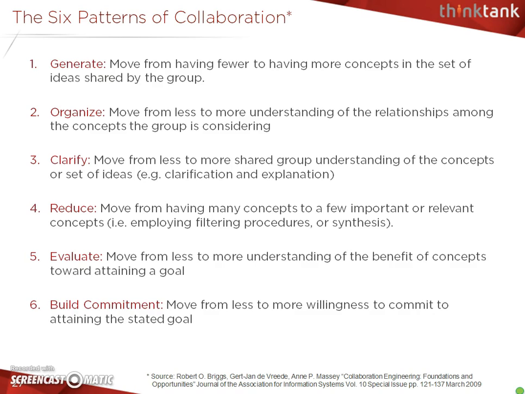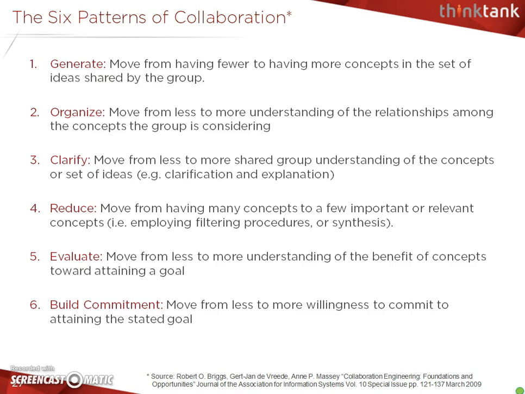The second pattern of collaboration is organize. It's how you organize information or insights so people can understand them. This is grouping of stuff. If you have 100 ideas, you might want to group them in 3 so you can easily work with them later. The third activity area is clarify.